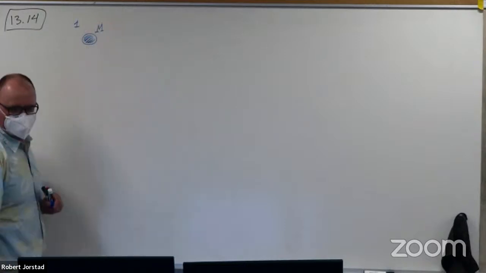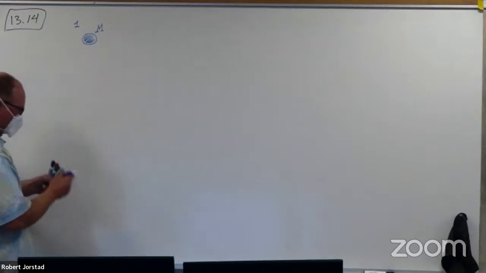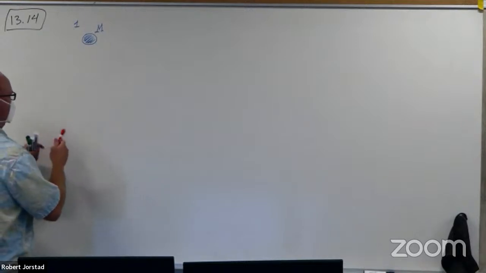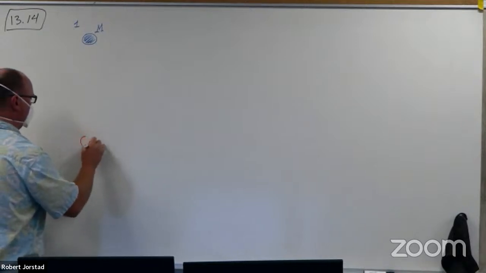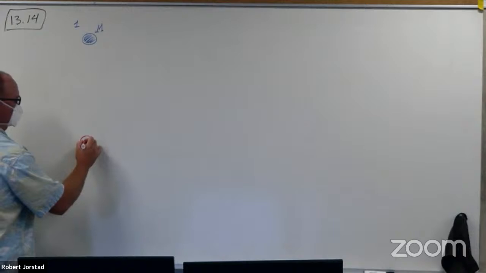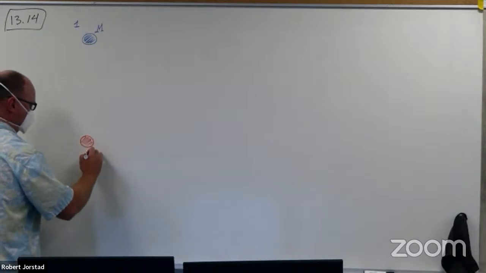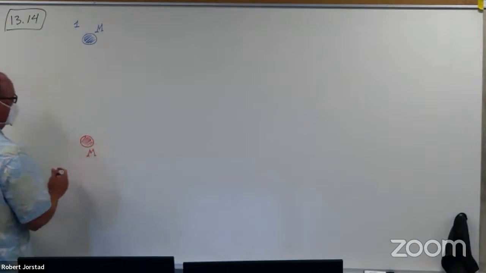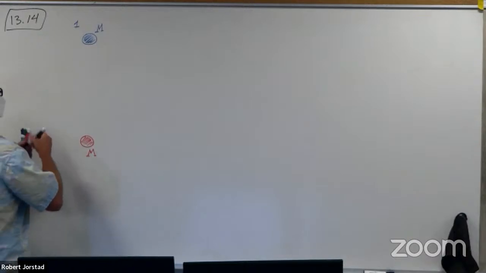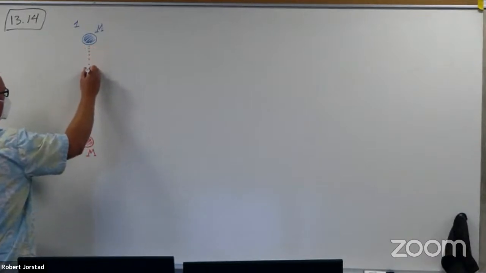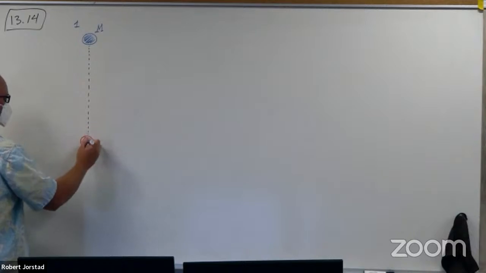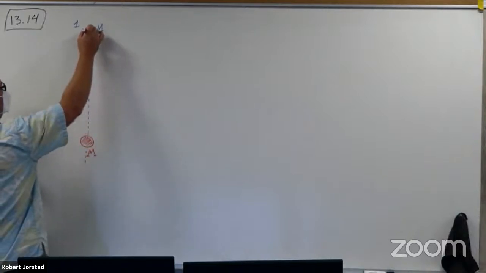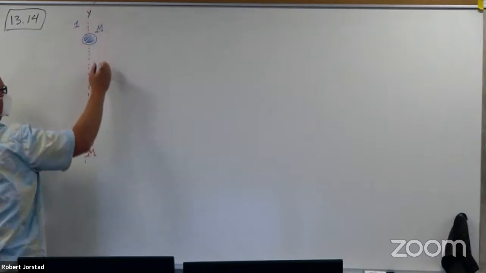We've got a mass big M up here, and we got a mass big M down here. This picture you might want to draw slightly larger than usual, not outrageously larger. There's a coordinate system. This is going to be our y-axis.